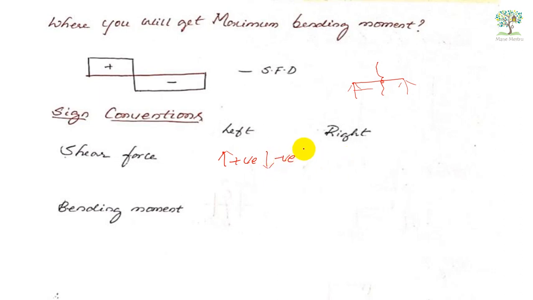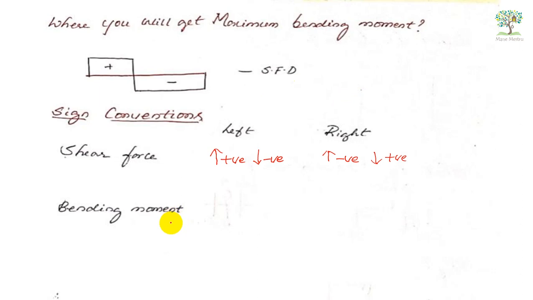Remember, if you are measuring from left side of the beam, you have to take upward forces as positive and downward as negative. Similarly, if you are calculating from right side of the beam, you have to take upward as negative and downward as positive.